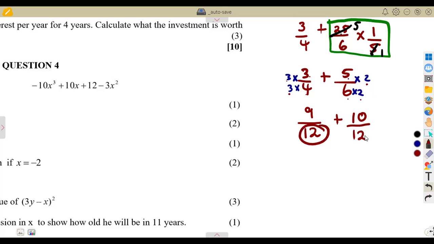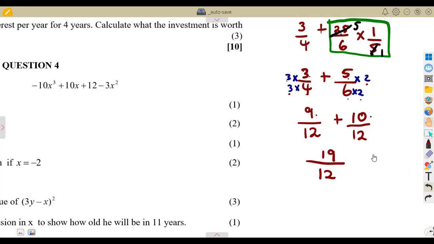Since the denominators are the same, it's an advantage to us because we are simply going to add the numerators. 9 plus 10 gives us 19. So you can write it as 19 over 12, which is fine. Or you can divide 12 into 19, which is 1, remainder 7 over 12. It's up to you. Or you can just leave it like that.